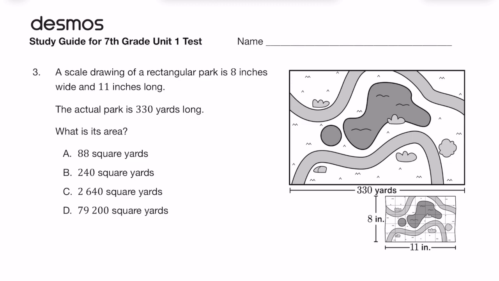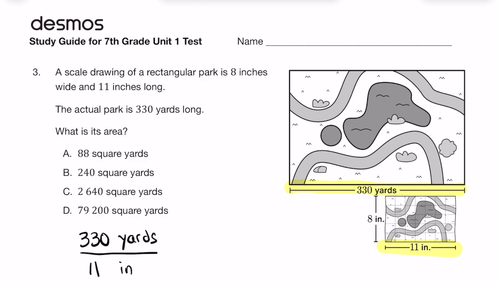So first of all, we want to use what we know. Okay, I know that the park is 11 inches long on my scale drawing, and it's 330 yards long in real life. So I can set up that ratio. 330 yards in real life is worth 11 inches in my scale drawing.